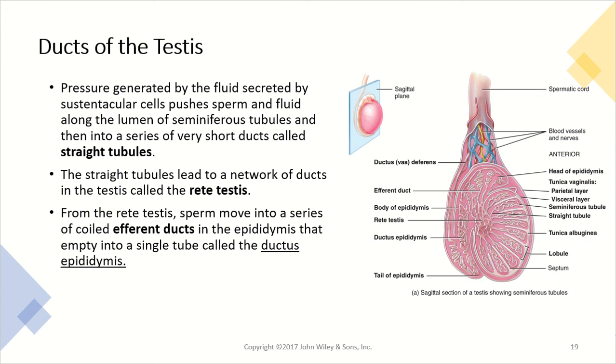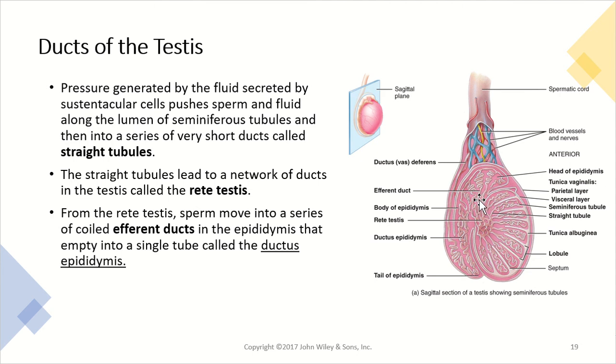These straight tubules are going to lead to a network of ducts in the testes called the rete testis, which is right in here. And then from the rete testis, sperm is going to move into a series of coils called the efferent ducts, which you see here.